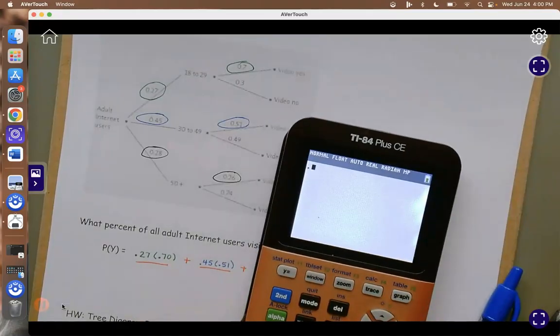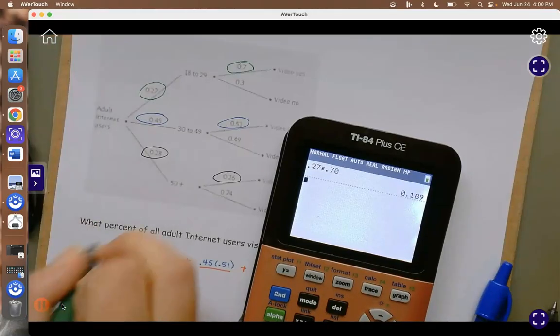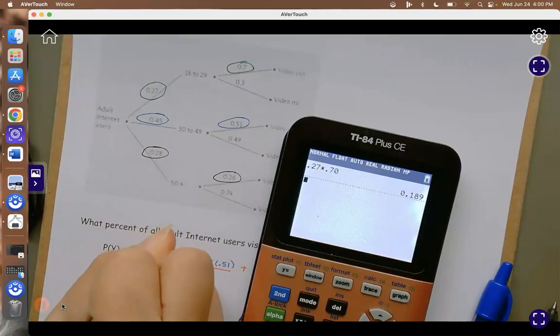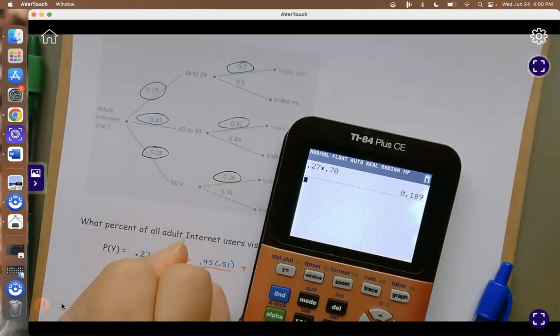We're going to do 0.27 times 0.70. That's supposed to be a times. Why did I hit a divide? Okay, so that's 0.189. Okay, so a little over 18% there.